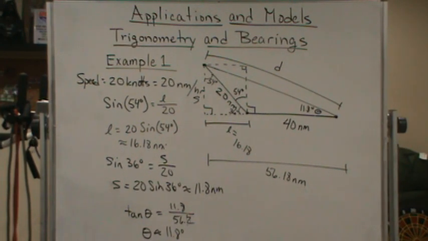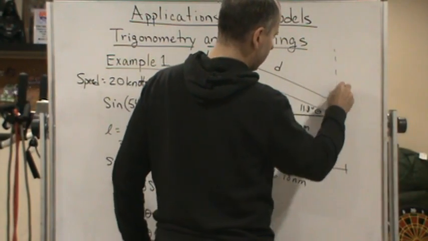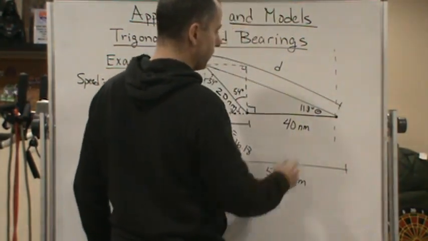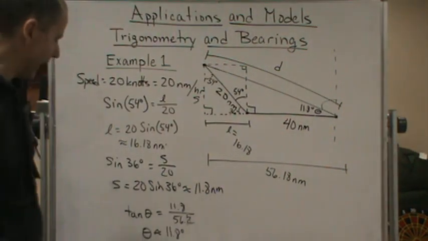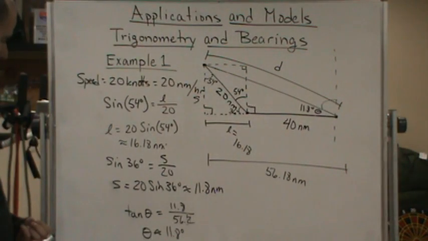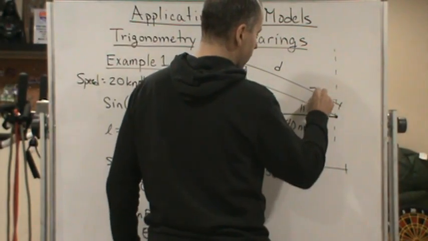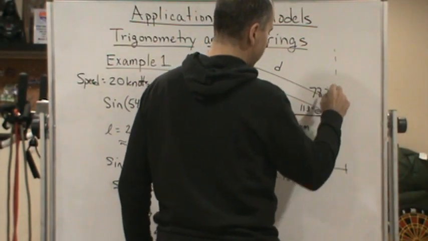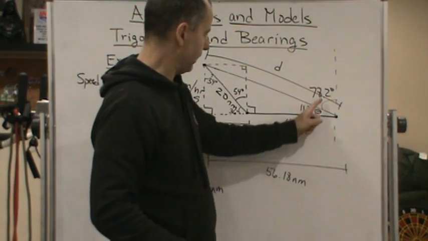So we're going to have to subtract this, right? Because we want to see what the bearing is from the north straight line. So we need to find this angle here. So we're going to subtract 11.8 from 90, and we get 78.2, right? So 78.2 degrees. All I did was take 90 and subtract off this angle to get this angle.